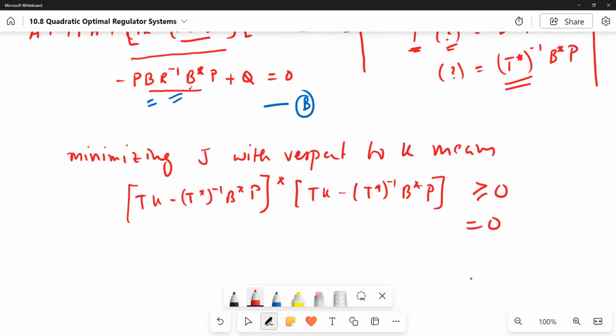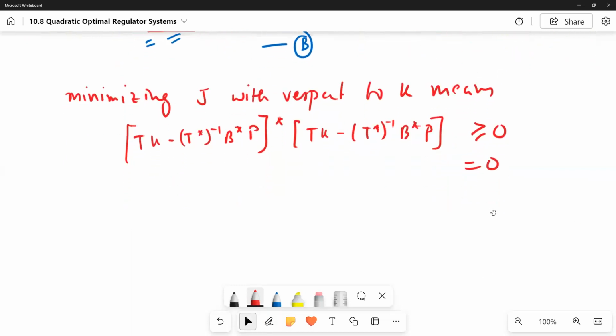If you take it to 0, then what we obtain is Tk minus T star inverse B star P has to be equal to 0.